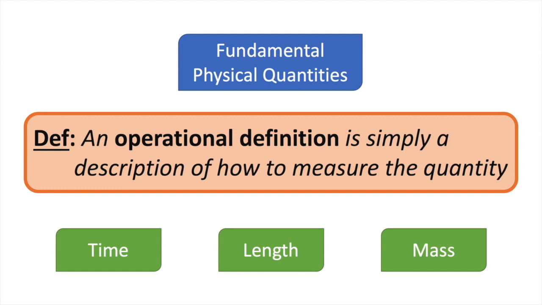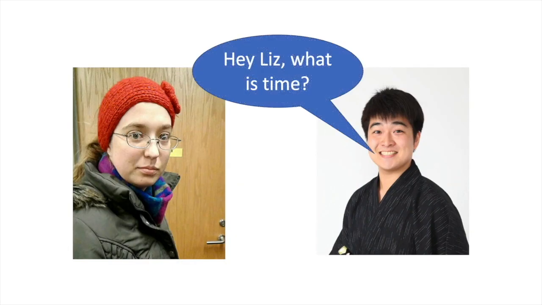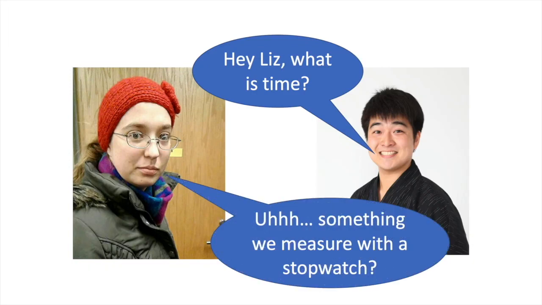And if you think about it, it's kind of impossible to define these quantities without mentioning some device or some thing that we use to measure them. Just try going up to a friend and asking them, "Hey, Liz, what is time?" Well, chances are they'll be stumped and end up not being able to say anything beyond, something we measure with a stopwatch?